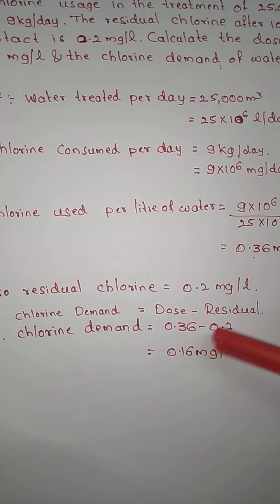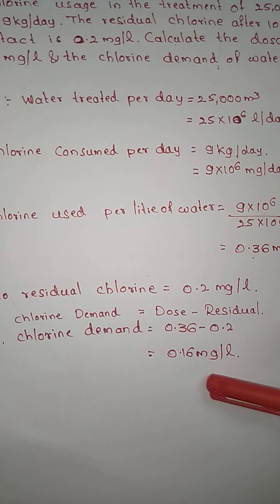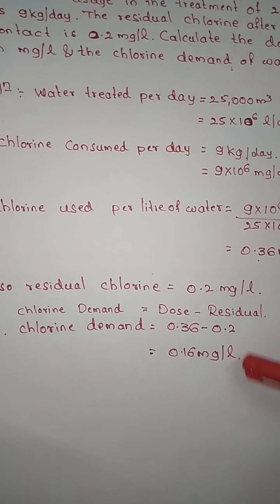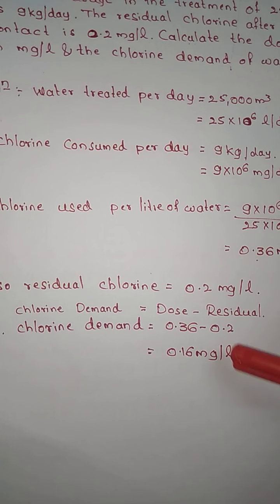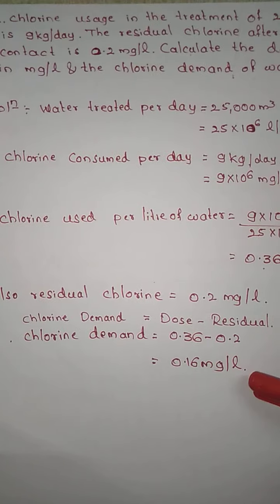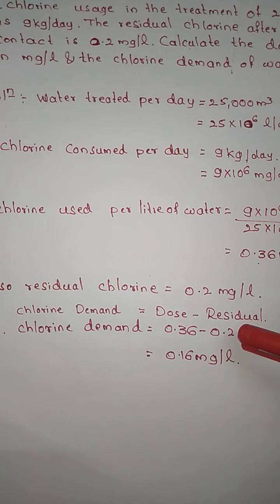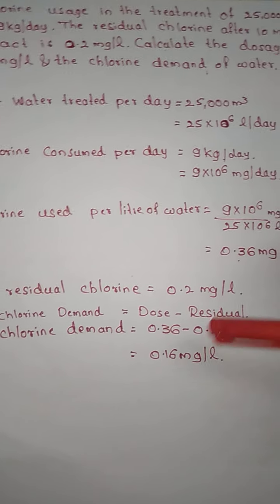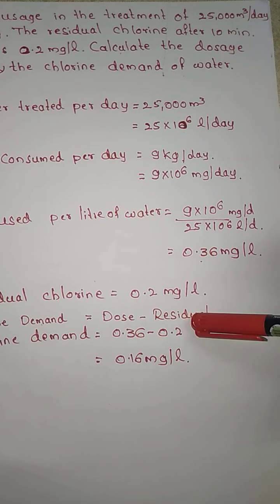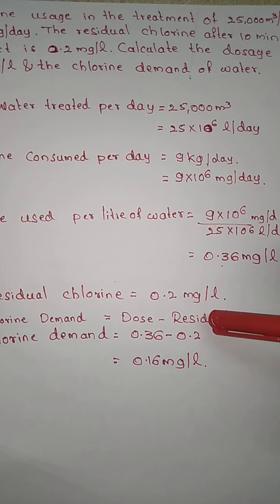So we have just deducted 0.36 minus 0.2, and we have got 0.16 mg per liter as the chlorine demand. That means 0.16 mg per liter of chlorine is required in order to kill the microbes. The remaining residual chlorine is going to take care of the further contamination which is going to occur in the pipeline. So this is the problem.